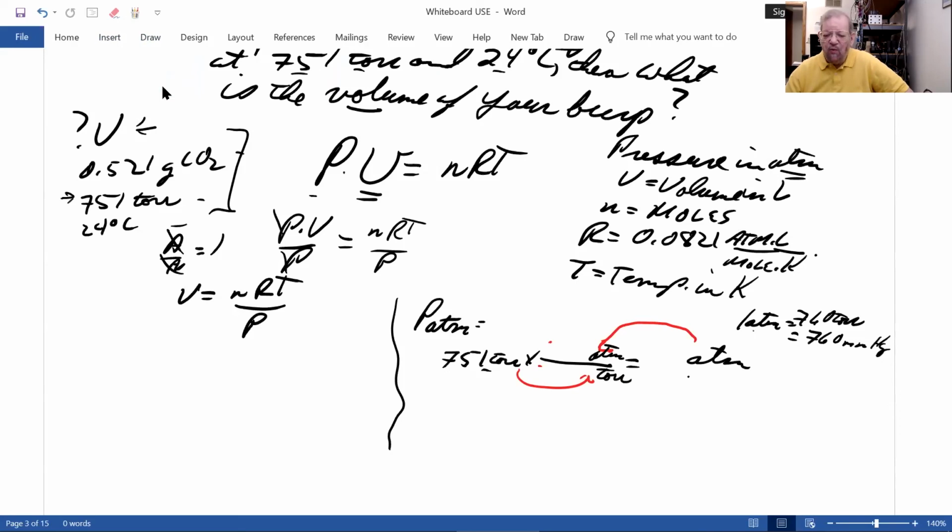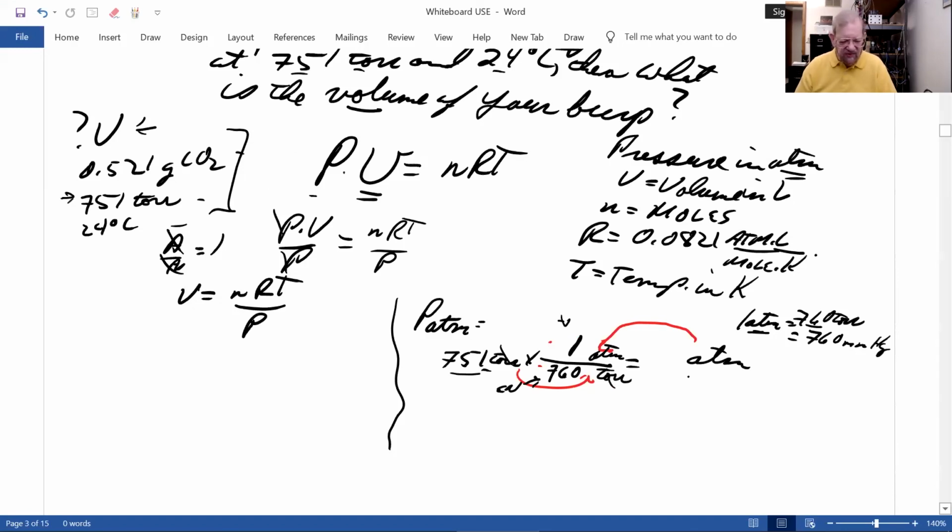And we have one atmosphere is 760 torr. And now torr cancel out. Remember, 1 and 760 are exact numbers. Therefore, this is 3 significant figures. My answer should be 3 significant figures.